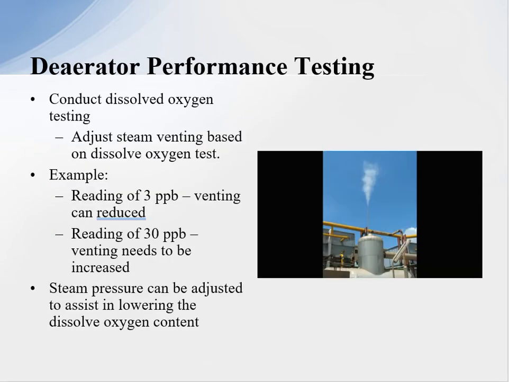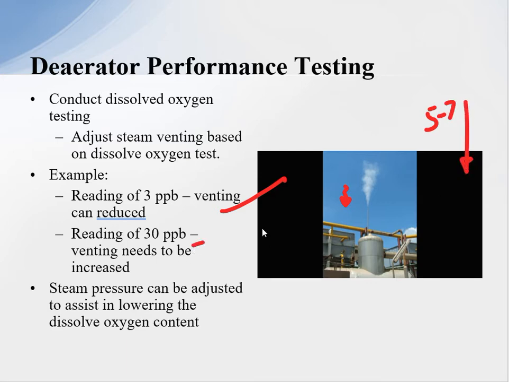Conducting dissolved oxygen testing and adjusting the steam venting based on the dissolved oxygen test. The thing is that we know that if we are at 7 parts per billion, or excuse me, 3 parts per billion, we can reduce the amount of venting. We want to hit somewhere around 5 to 7, and then use sulfite to bring it down the rest of the way.